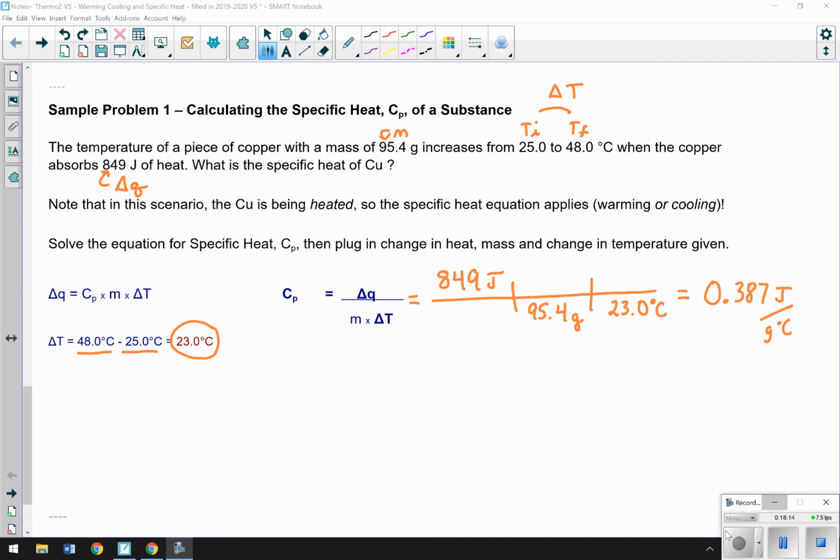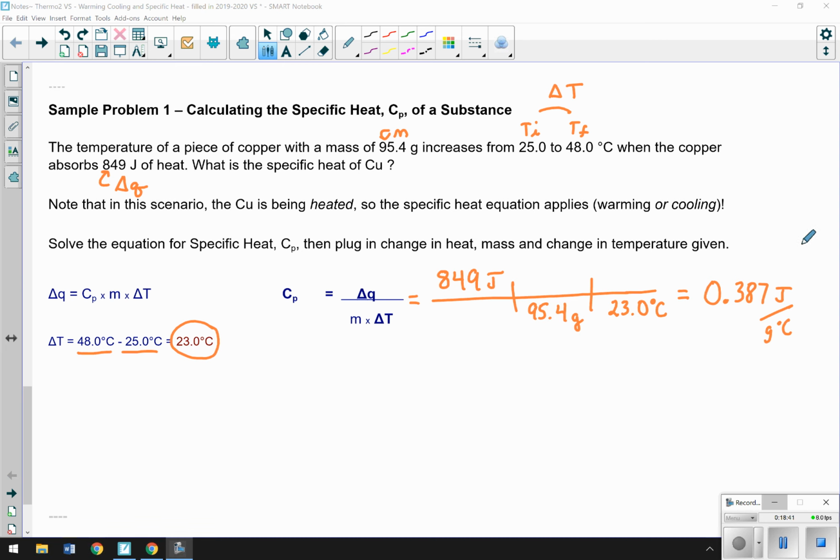Okay, so my heat, delta Q, 849 joules, divided by the mass, 95.4 grams, divided by the change in temperature, which I calculated from my final minus initial. Run that all together, and you find that the specific heat of copper is 0.387 joules per gram degrees C.